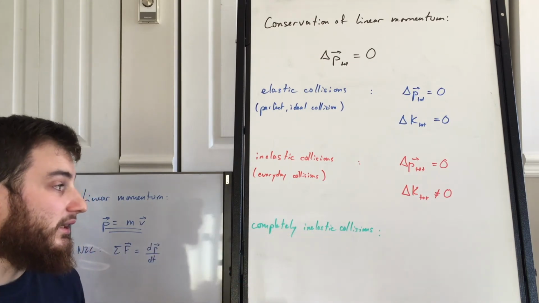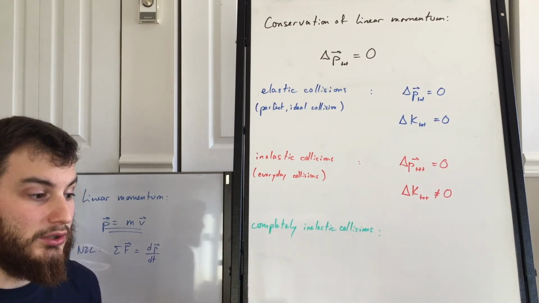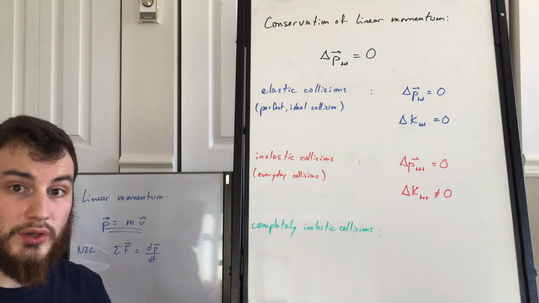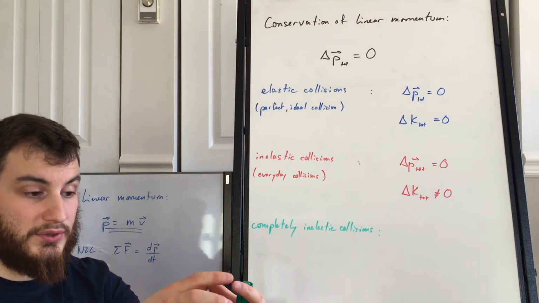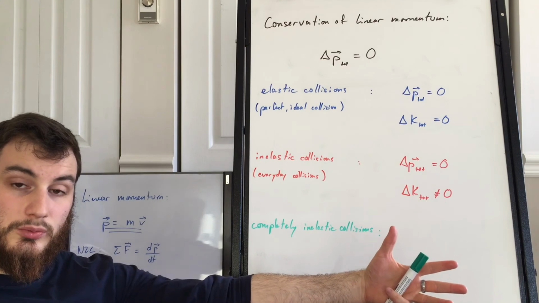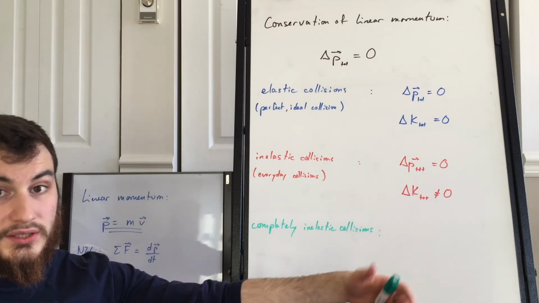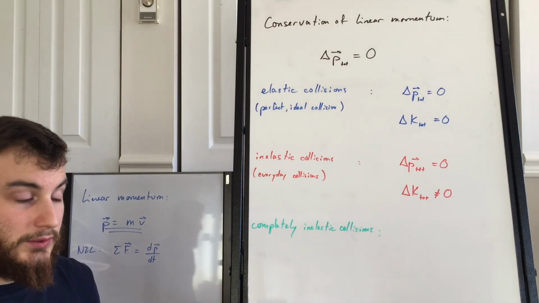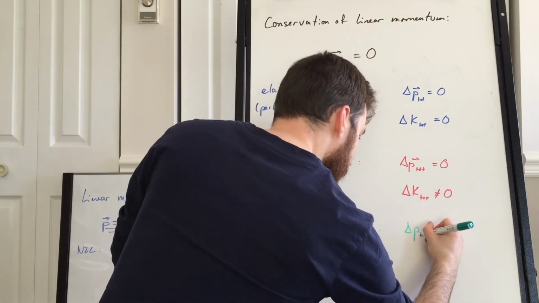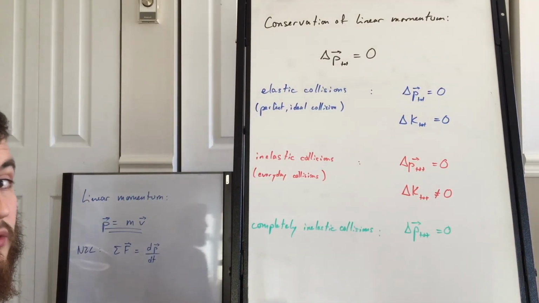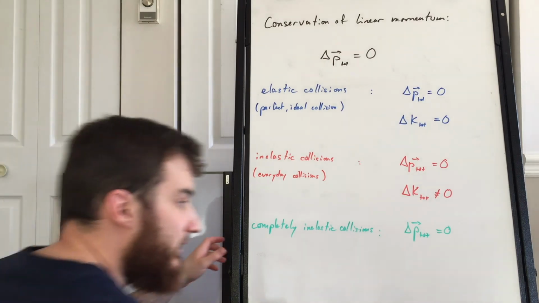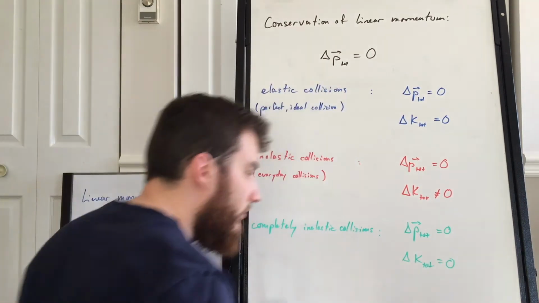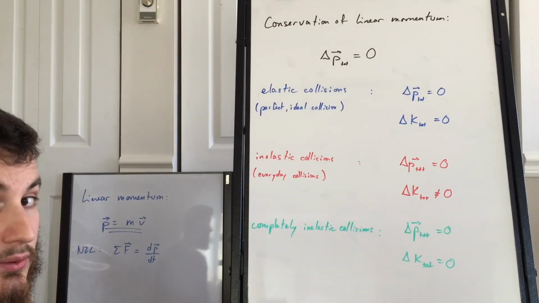Those are completely inelastic collisions. We can also think of literally an explosion where something is, for example, static and breaks up into many, many pieces. That is an inelastic collision as well. Because they're collisions, the change in linear momentum is zero. Because they're inelastic collisions, the change in kinetic energy is not zero.